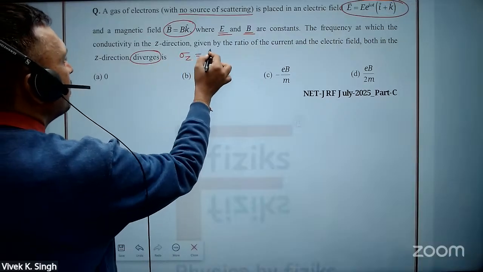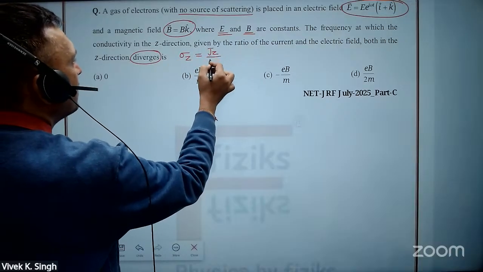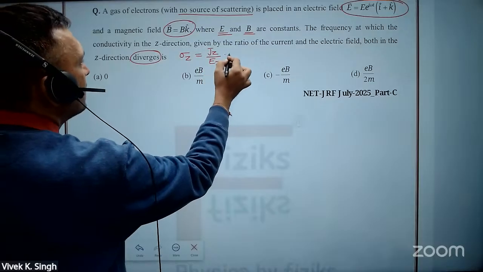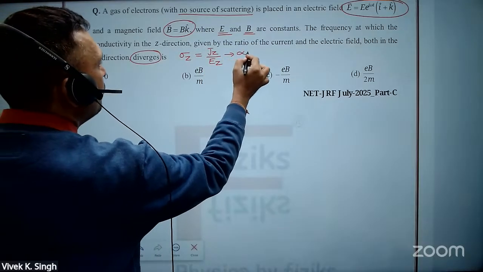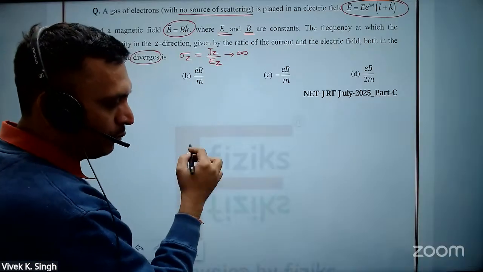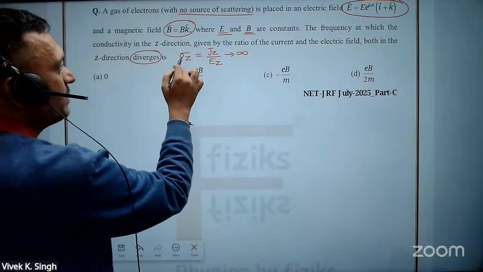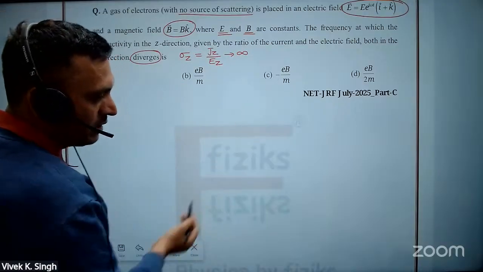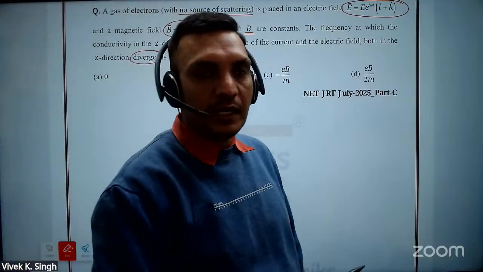Sigma Z is given by Jz by Ez. Under what condition will sigma Z tend to infinity? How does it depend on omega? So you have to find the sigma Z dependence on omega, and then you can see under what condition it will diverge.